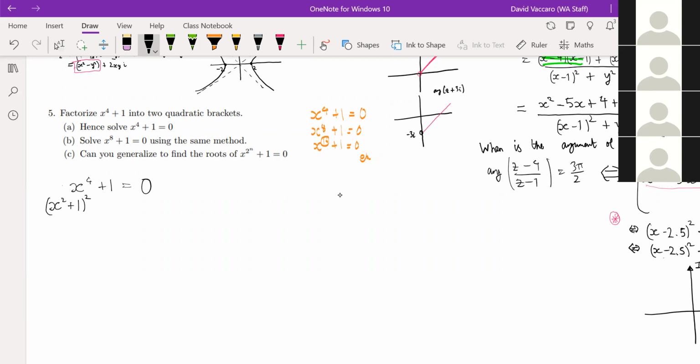But x squared plus 1 all squared is not x to the 4 plus 1 because it's got the mixed term 2x squared. So if we want our left-hand side to equal x to the 4 plus 1, we would do x squared plus 1 all squared, but then we'd need to subtract off 2x squared.